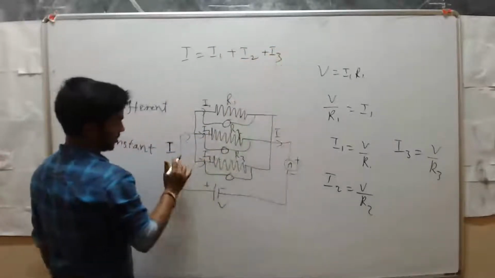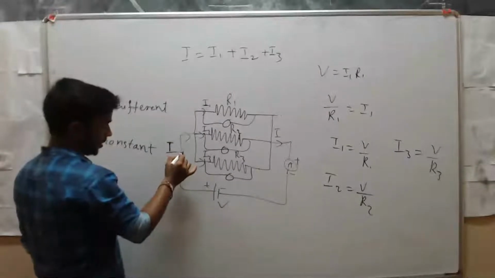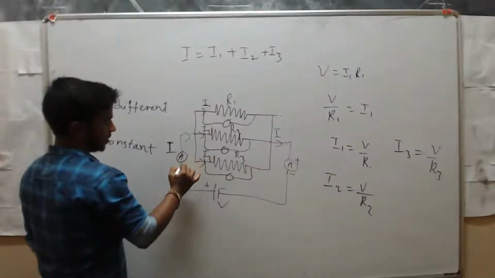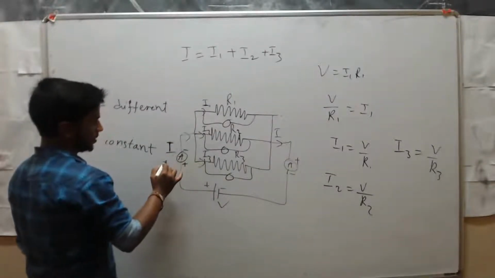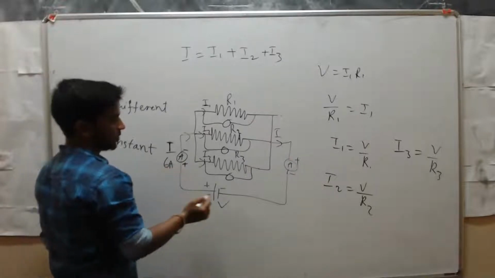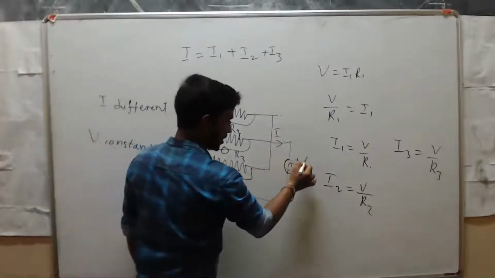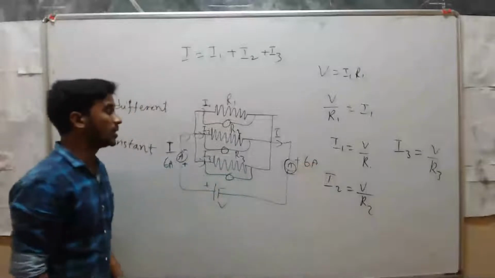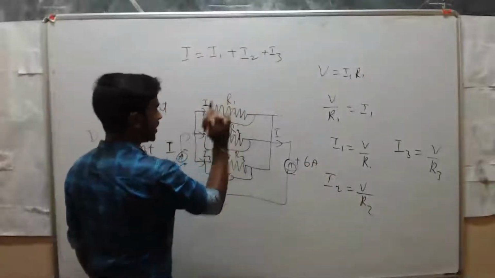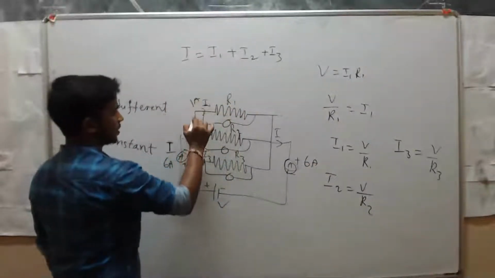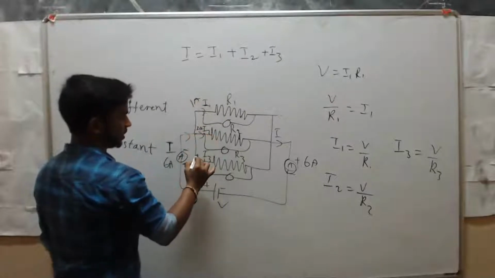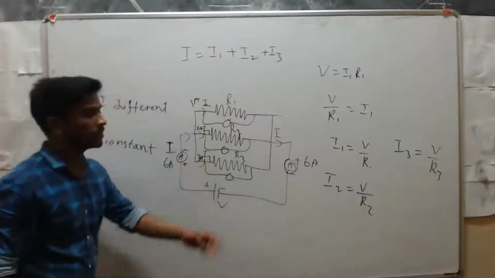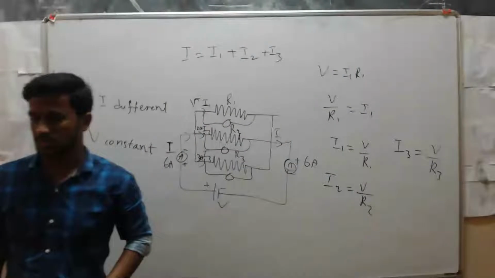Suppose you measure the current here. If it is 6 ampere, then if you measure once again here also you will get 6 ampere. But if you measure the current in the branches, it is different. Maybe here 1 ampere and here 2 ampere, maybe here 3 ampere. We don't know. That depends on the values of the resistors.